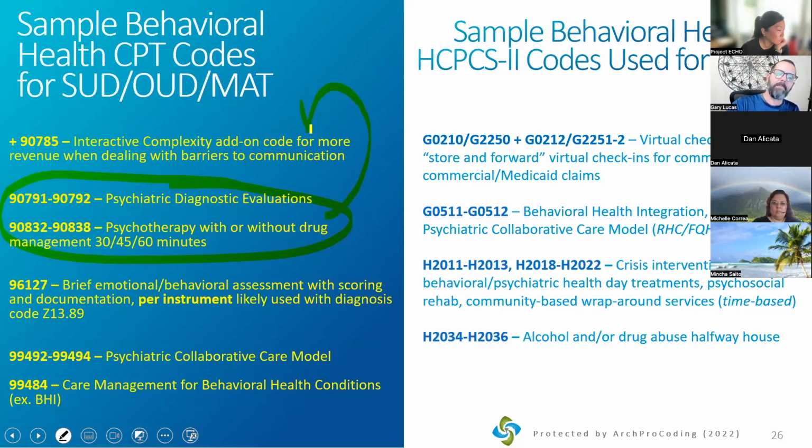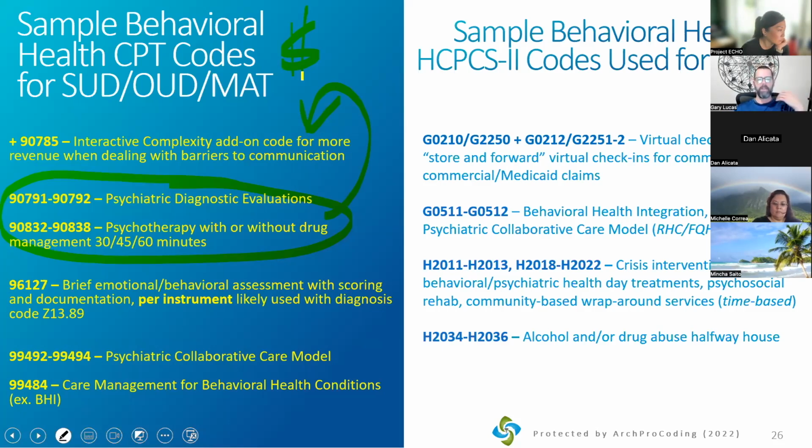Please don't forget about the possible option of adding code 90785. By the way, that code has over a full page of information in the CPT manual about how and when it may be used.